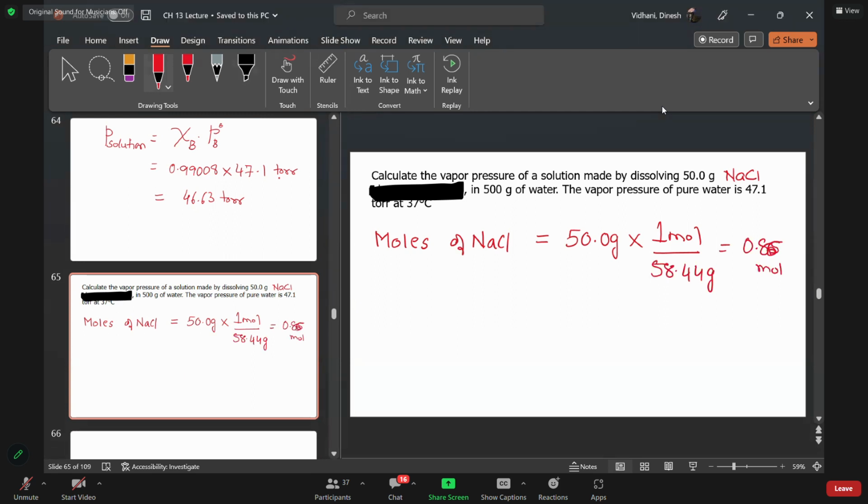Okay, can you tell me the mole fraction of water now? Now be very careful with this problem. There is a reason why we are doing it. To calculate the mole fraction of water, you need to know the mole fraction of solute. But then, is it really that it is 0.85 moles of sodium chloride or something else?